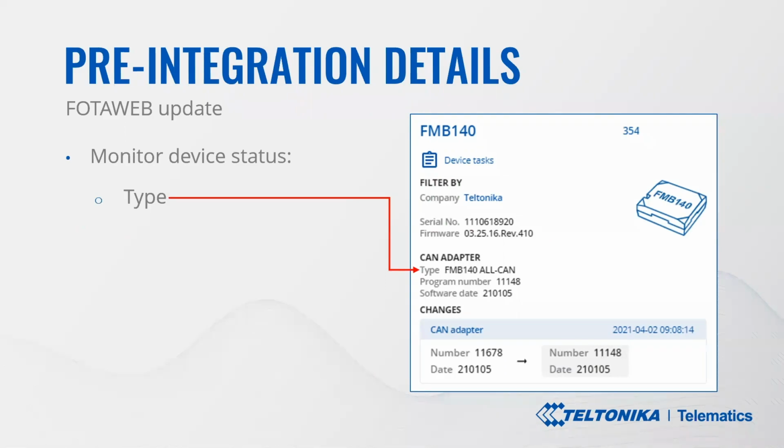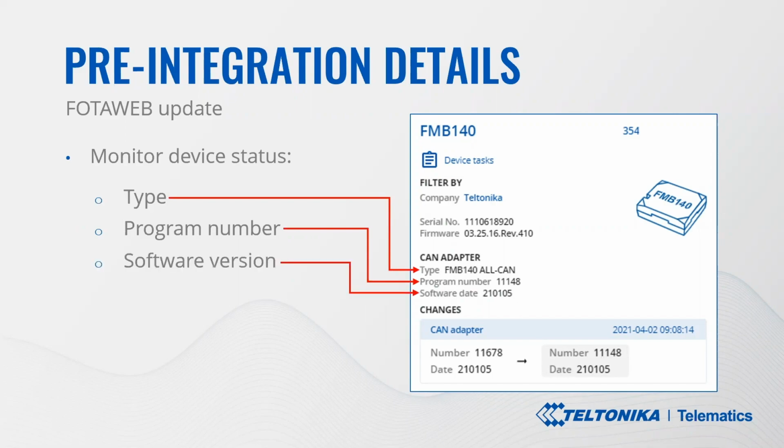Also in the device information, you will be able to identify the currently set program number in the unit. Additionally, a very important parameter is the software date. You will also be able to identify it there. Of course, additionally, you can always inspect the changes made to the device in the changes tab.